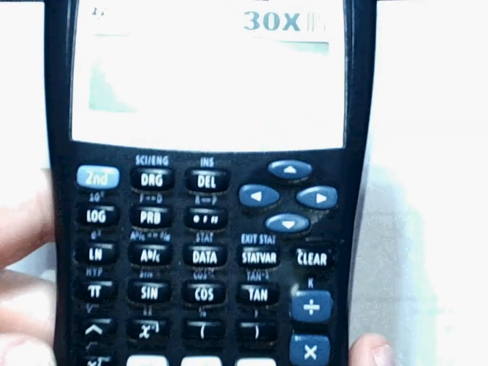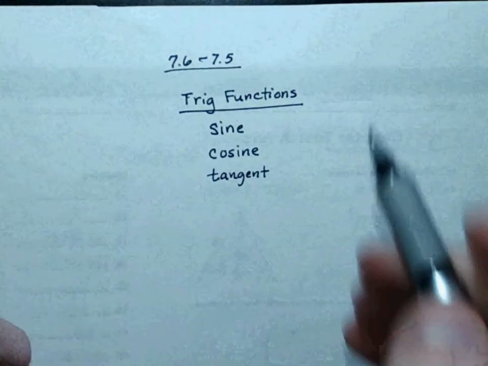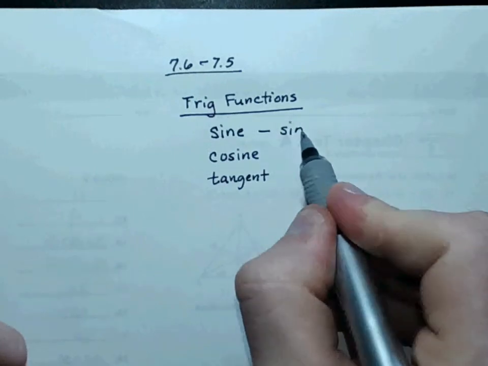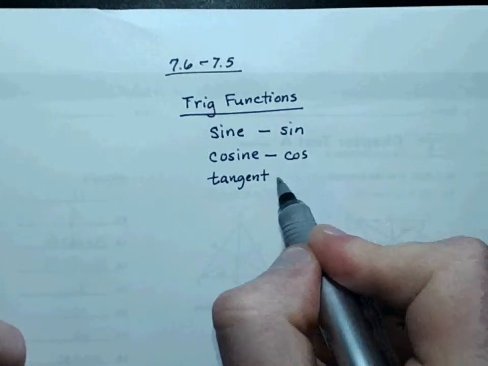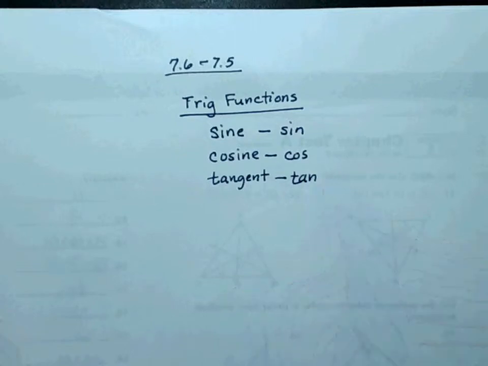Those stand for sine, cosine, and tangent. For most of what we're going to do today, we won't be using the calculator yet, but we will at the end.